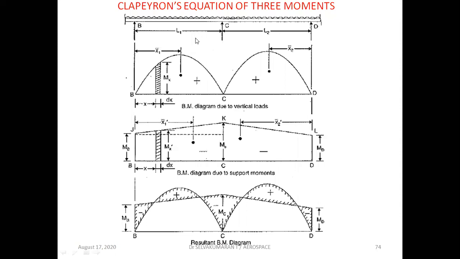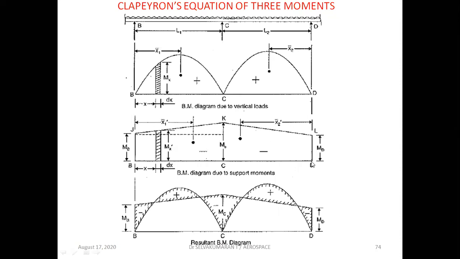BC length is L1 and CD length is L2. The intermediate supports BCD will be subjected to support moments MB, MC, MD.